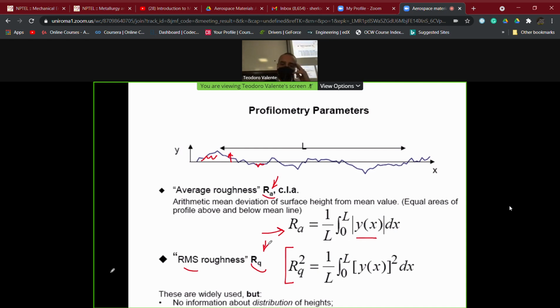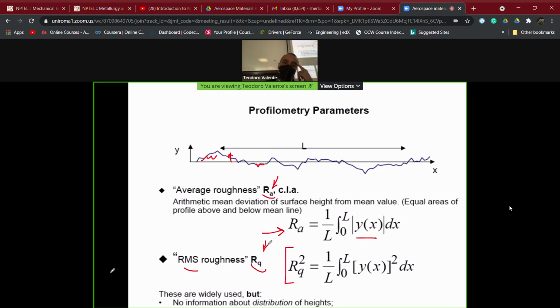They are overall parameters, so they do not give us detailed information about the distribution of the heights, because they give us just a number, as well as they do not give us information about length scale in the surface or eventually the existence of possible anisotropy. And for this, we need finer techniques.